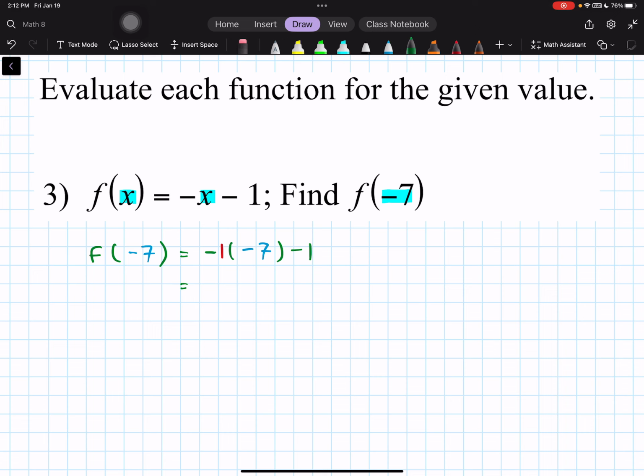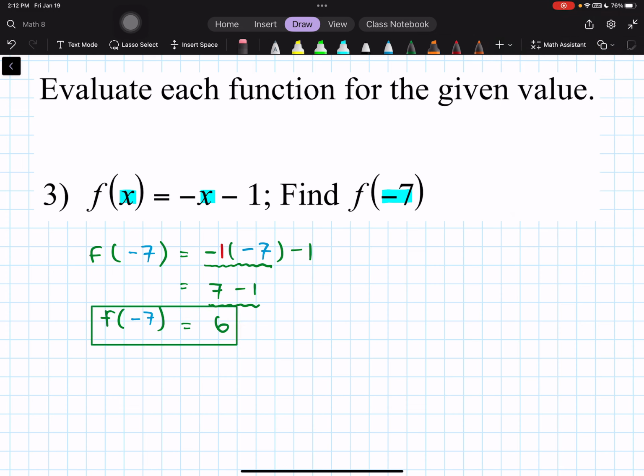And so we have negative 1 times negative 7. We get a positive 7. And then we bring down that minus 1 so that in our final step of simplification, we get that f of negative 7 is equal to 7 minus 1, which is 6.